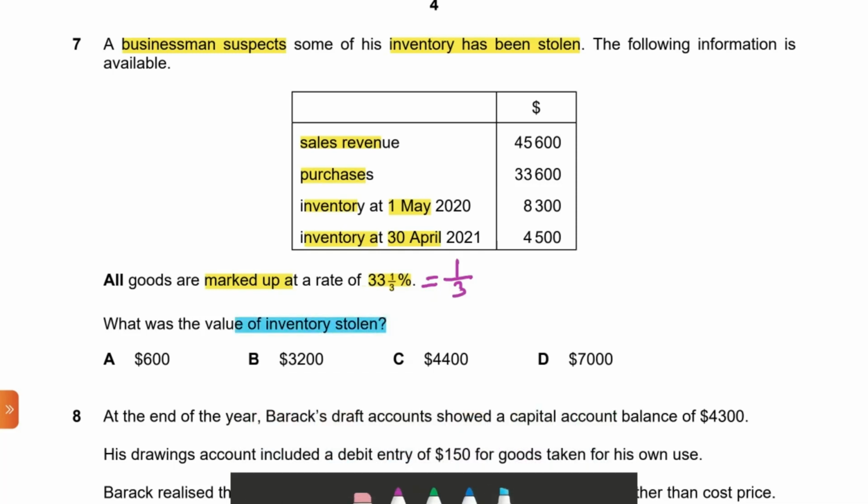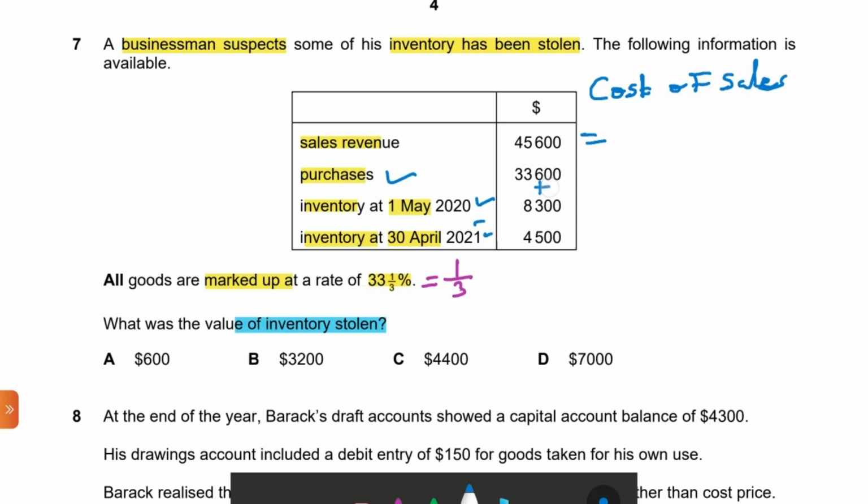First we have to calculate the present cost of sales. Cost of sales is equal to purchases plus opening inventory minus closing inventory.